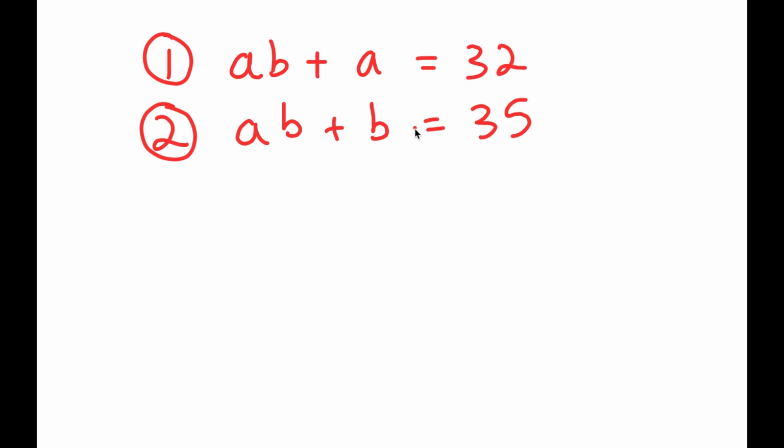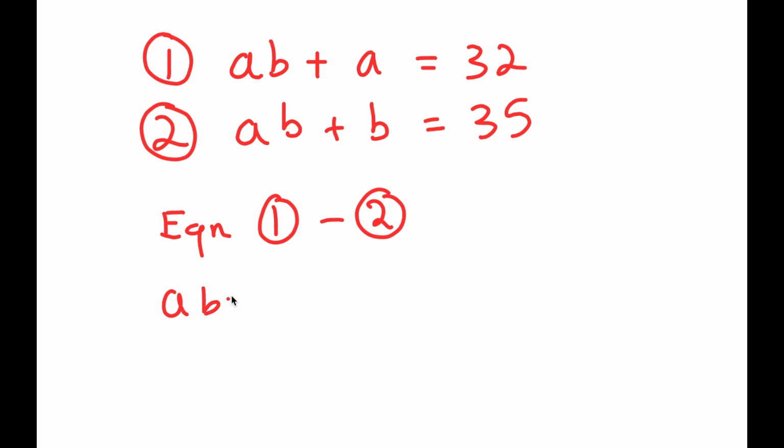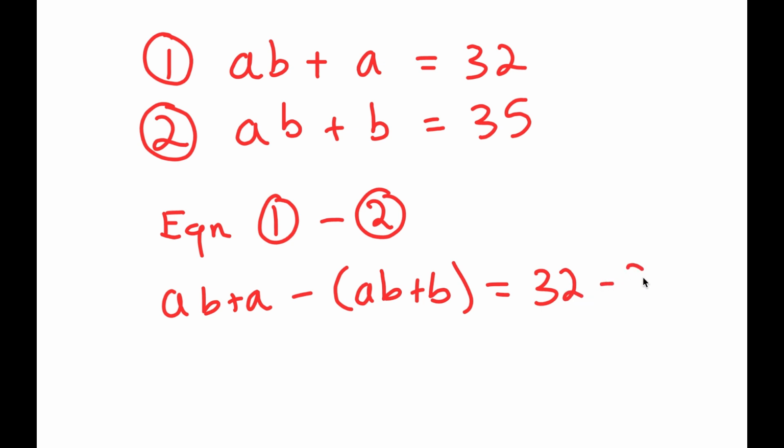So to solve this system of equations, I'm going to first start by subtracting equation 2 from equation 1. So I get ab plus a, which is equation 1, minus ab plus b. And this is equal to 32 minus 35.